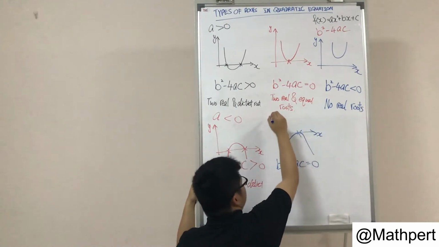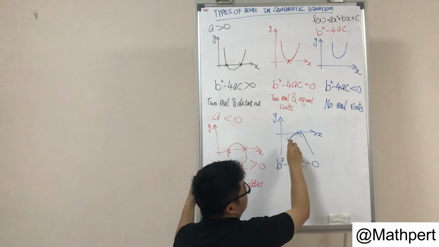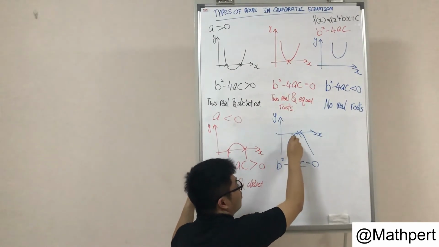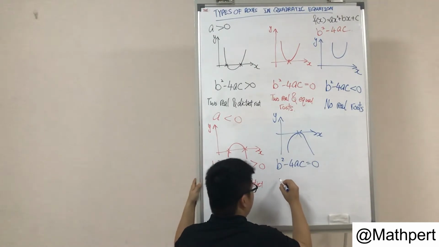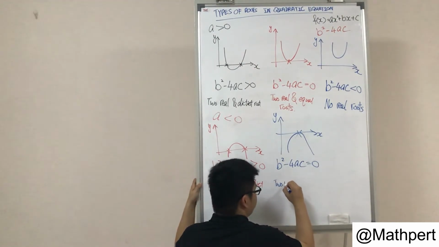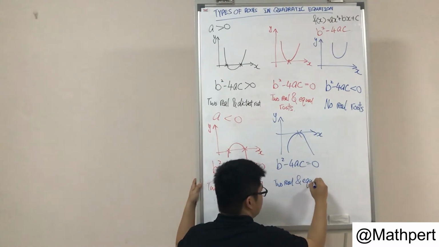X-axis, y-axis. The quadratic equation only intersects at 1 point. So they have 2 real and equal roots.